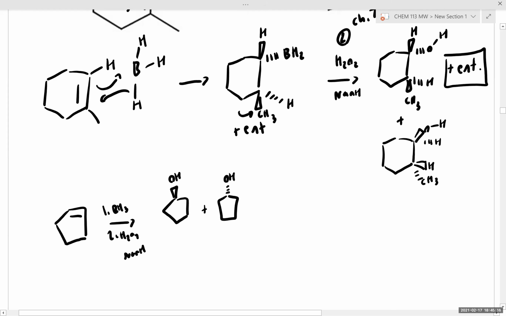But are these alcohols enantiomeric? Are these alcohols inherently enantiomeric? Yes. Is this center that I've drawn a genuine stereocenter? No. So it would be more correct to draw the product just like this, because the center isn't even a stereocenter.